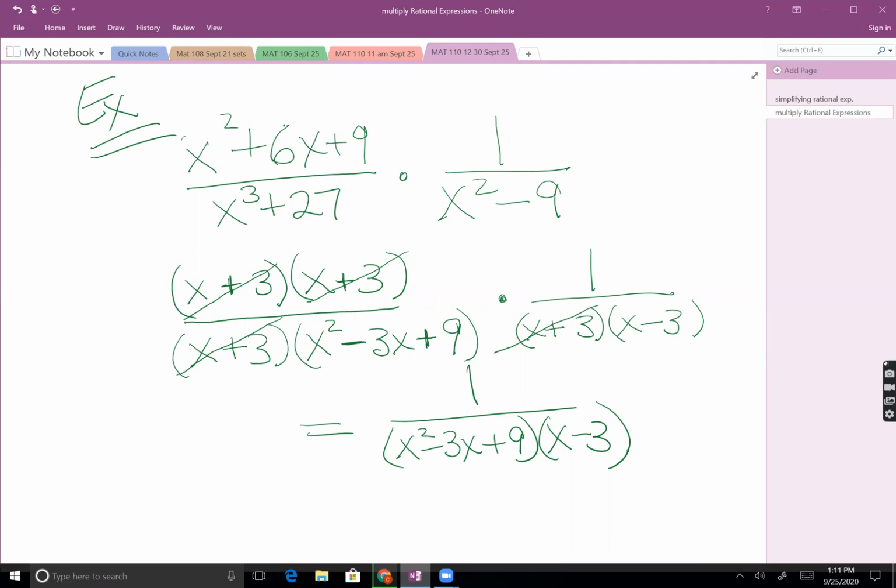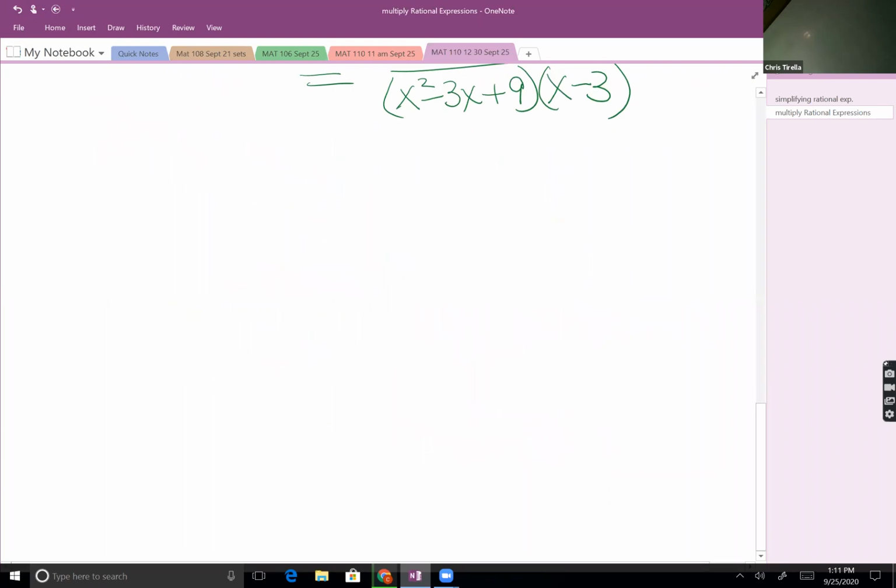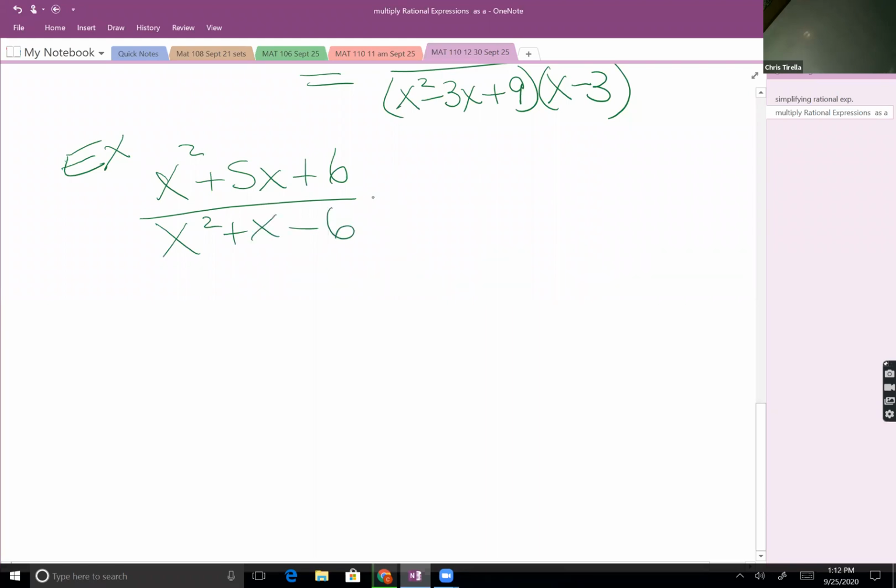If so, I'm going to give you guys one more to try on your own. I'm going to ask you to take a couple minutes and tell me what you get. Last example of just multiplication is going to be x squared plus 5x plus 6 over x squared plus x minus 6 times x squared minus 9 over x squared minus x minus 6.